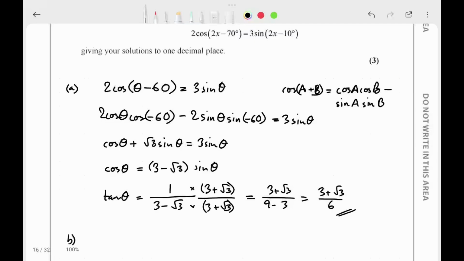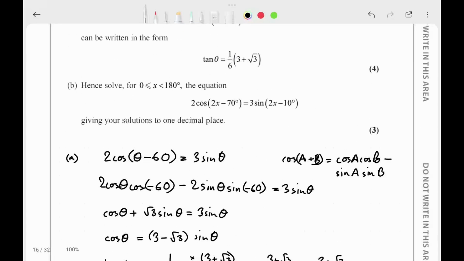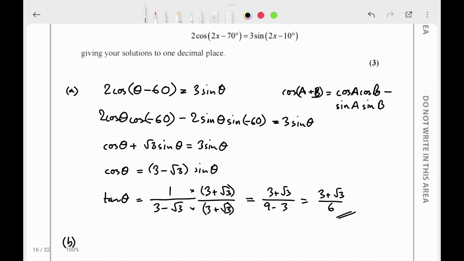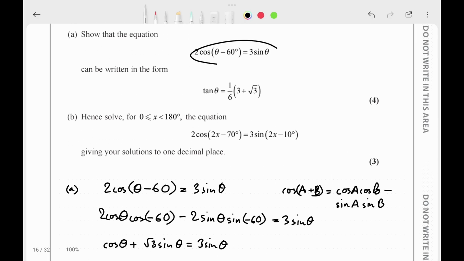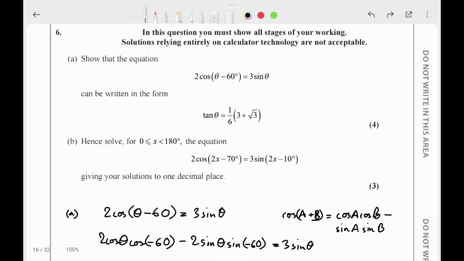Moving on to part B. Let's copy the equation first. Now we can notice some similarities between this equation and the one that was given in A. If we assume 2x minus 70, this can be written in the form 2x minus 10 minus 60.